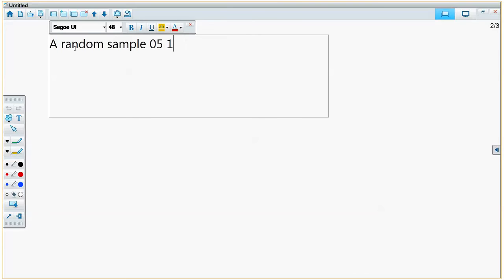I can't spell. Random sample of 1,505 people were surveyed. I'm just making this up. I just got the numbers off another question.